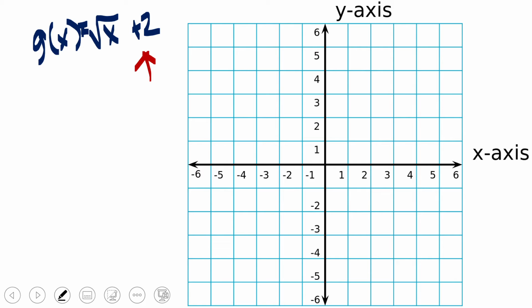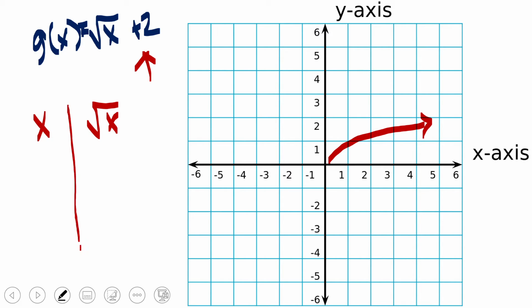So the parent graph, again, was this, something like that. Let's see what happens. Let's plug some values in for x to see what the square root of x would be, plus 2.